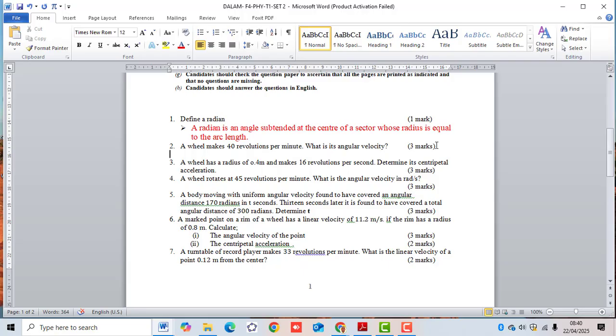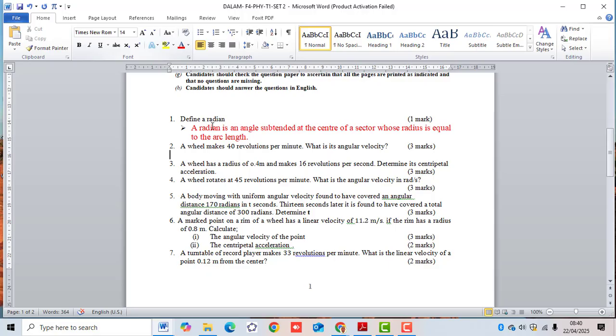Remember that when we have the frequency, we can get the angular velocity, and we define the angular velocity as the rate of change of angular displacement. So there, I wanted the student to get what is called the frequency from this revolution.